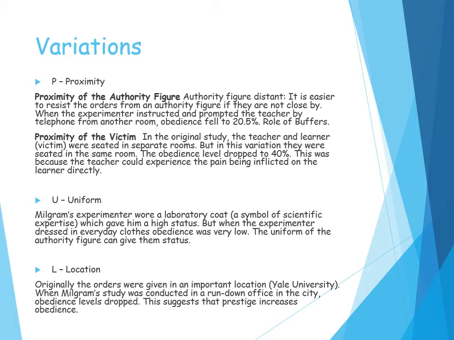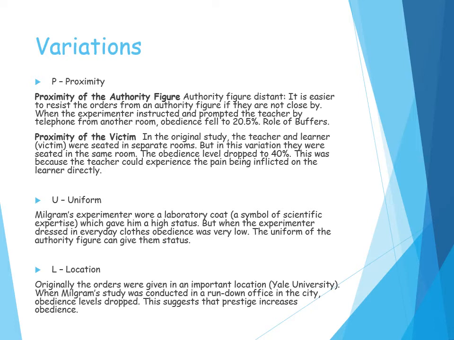It gave him higher status. When the experimenter was dressed in everyday clothes, obedience rates also decreased. So the uniform of the authority figure gave them higher status and therefore legitimised their orders. So in everyday clothes, obedience dropped to 20%.